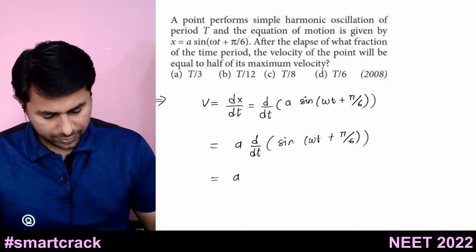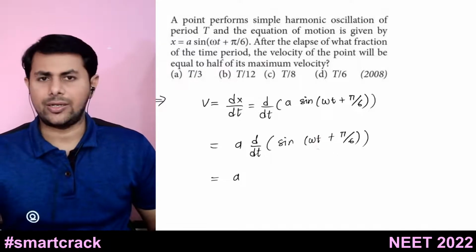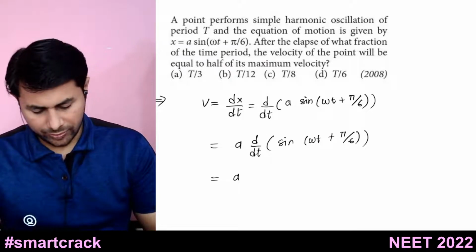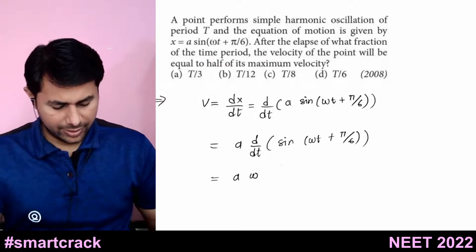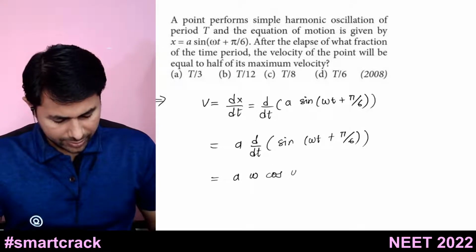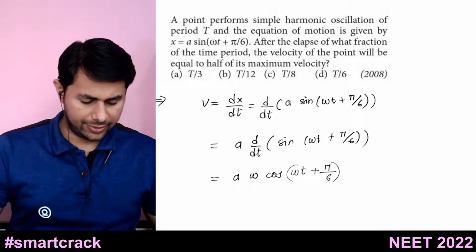We have the coefficient omega multiplying t and we want the derivative with respect to t, so we can write this as A omega times cos of omega t plus pi by 6. This will be the derivative.